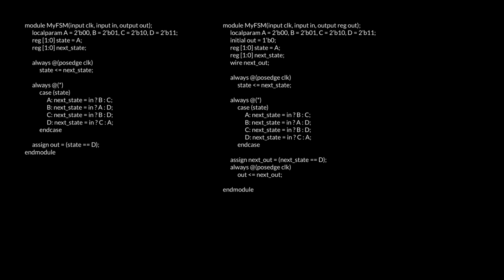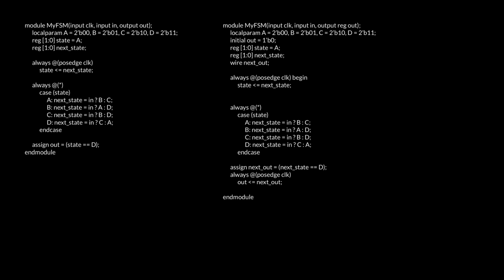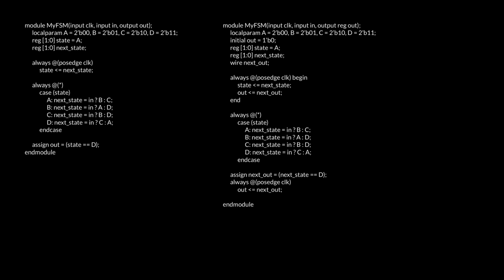We've augmented our state so that the pre-computed output is now part of our state. And so the current state is going to take the value of the next state at the next rising edge of the clock. So I've just moved our flip-flops up there so I can delete this.